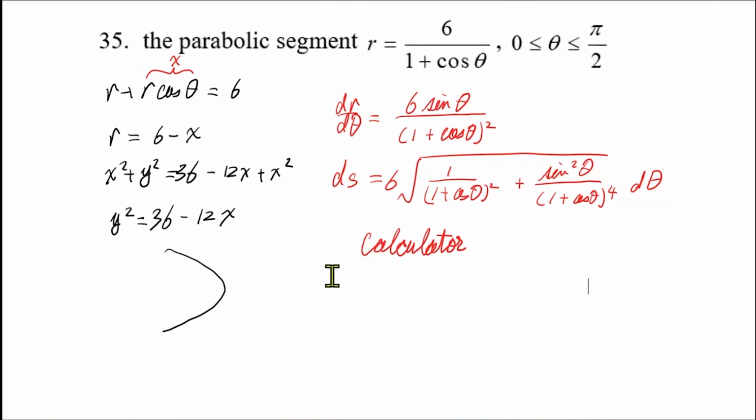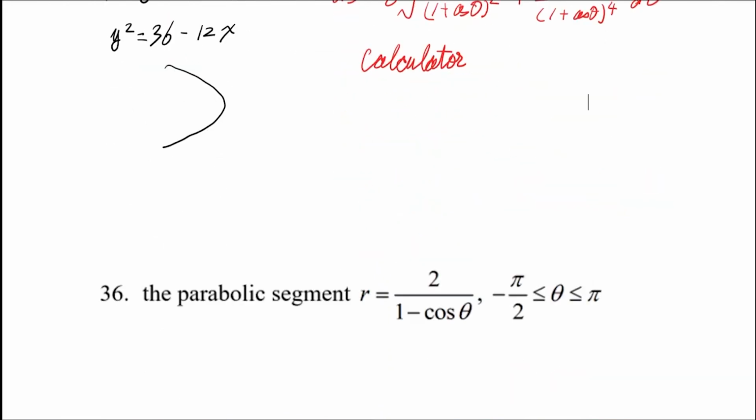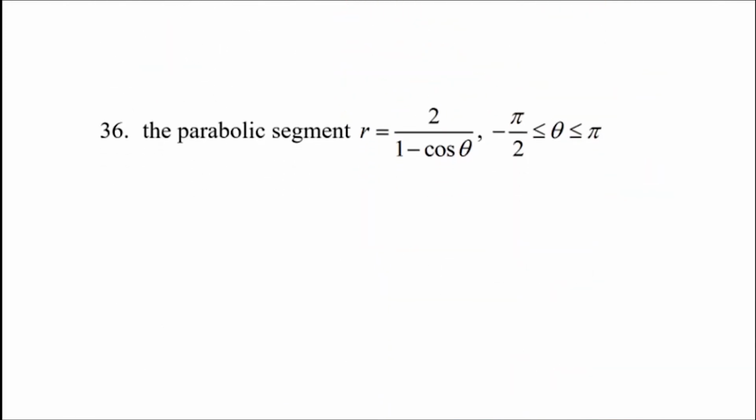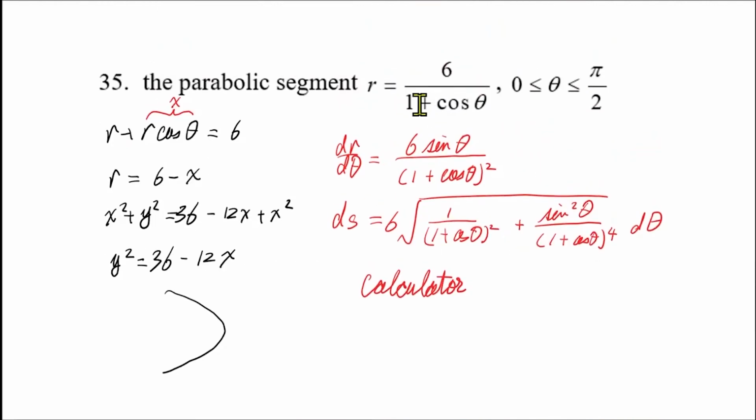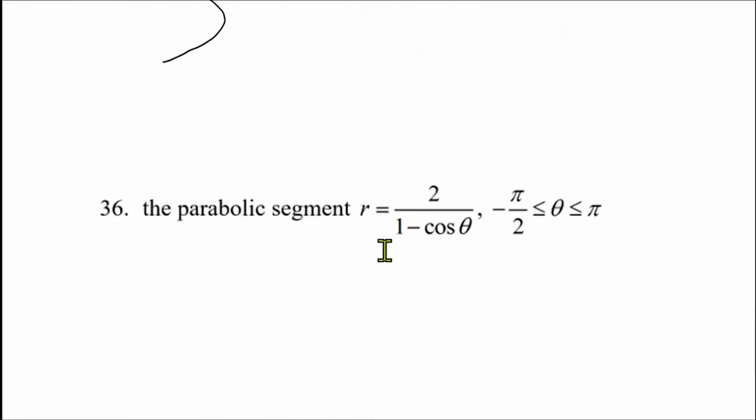Okay. Moving on then. Okay, let's do 36. Wait, that looks exactly the same now, doesn't it? Almost the same, right? Let's compare this thing with this thingy. Only difference is this thingy is minus. But other than that, right? Okay.